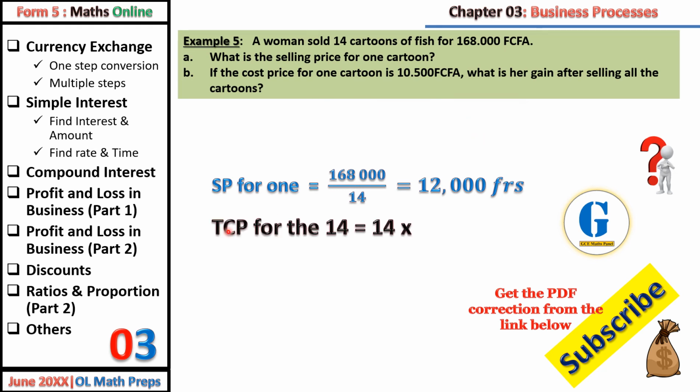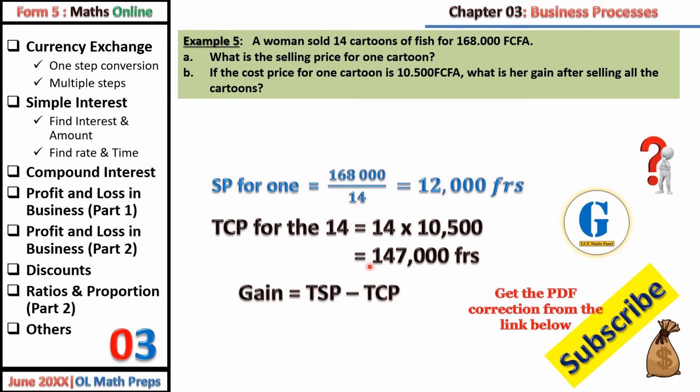So the total cost price for the 14 cartons is 14 times 10,500, because the price of one is 10,500. That gives us total cost price to be 147,000 francs, and the gain will be total selling price minus total cost price. 168,000 minus 147,000 yields 21,000 francs as her total gain, profit.